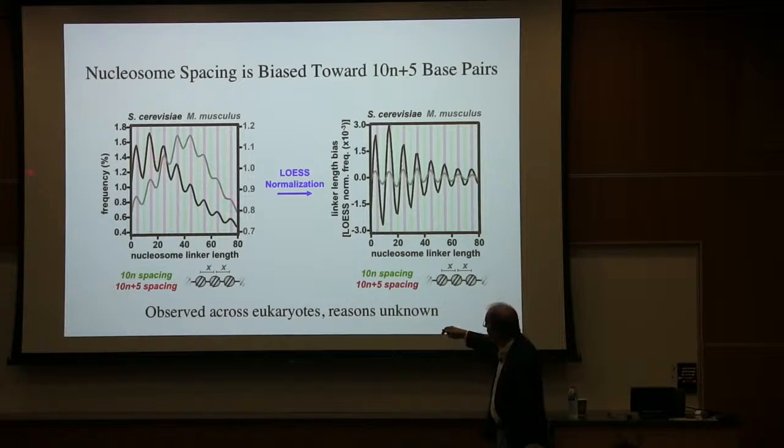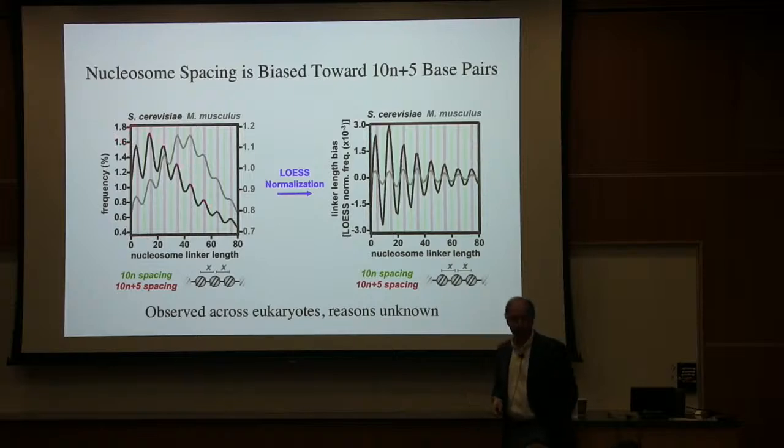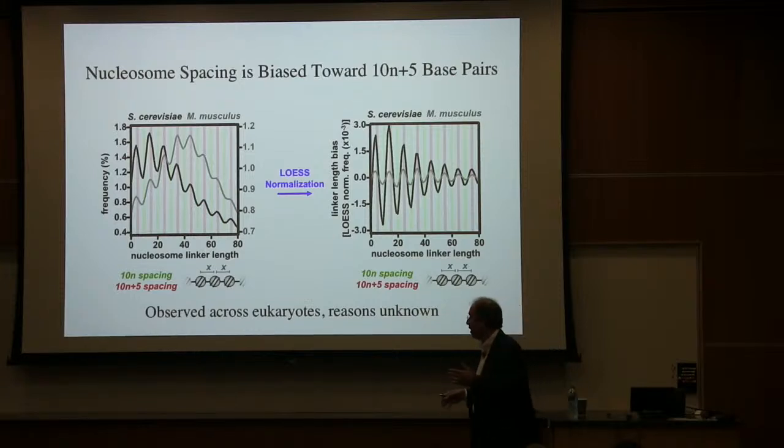And if you look at the periodicity here, basically what you see is that for 10n spacing, where n is an integer, so 10 base pairs, 20 base pairs, 30 base pairs, those are all depleted on a genome-wide scale. 10n plus 5, so 15, 25, 35 base pairs, those are all the ones that are enriched on a genome-wide scale. And again, this is seen across the eukaryotic spectrum, and the reasons for it really remain entirely unknown.